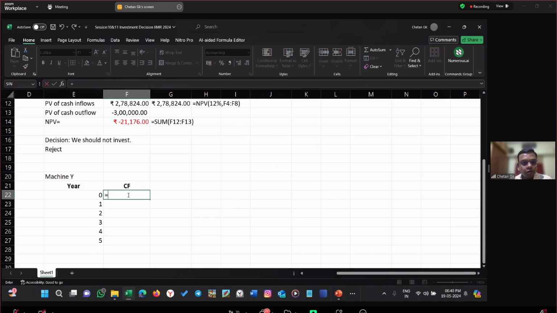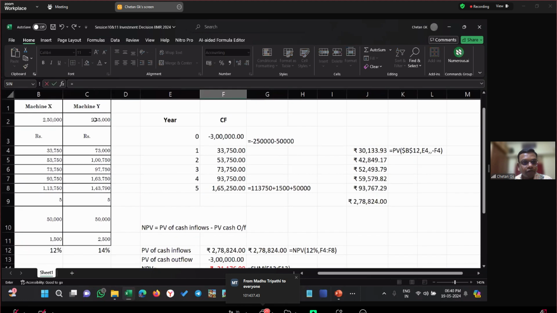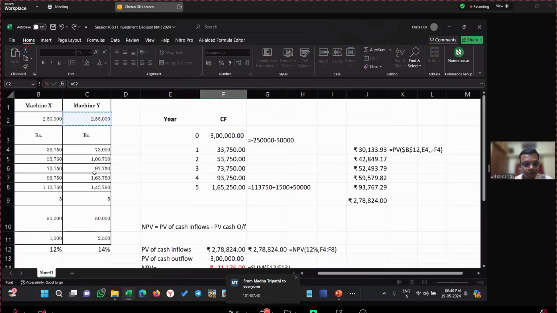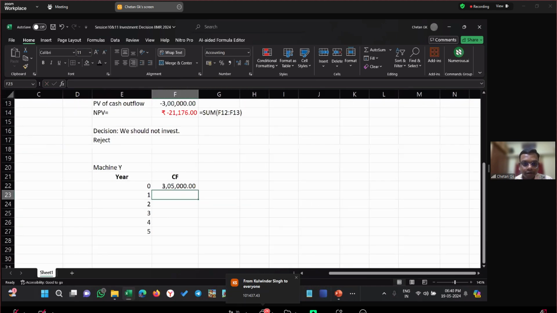So how much is the cash flow here? 2,55,000 plus how much? 50,000. And this should be a negative figure, right? Is it correct? See.